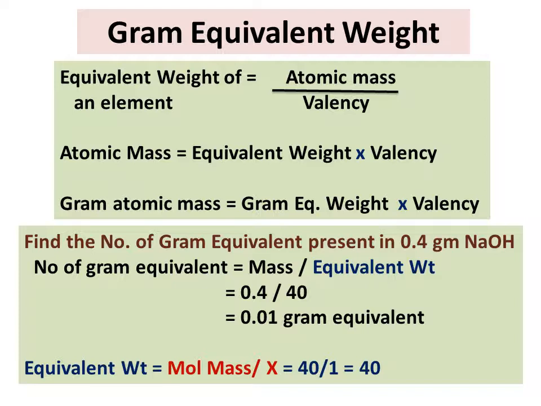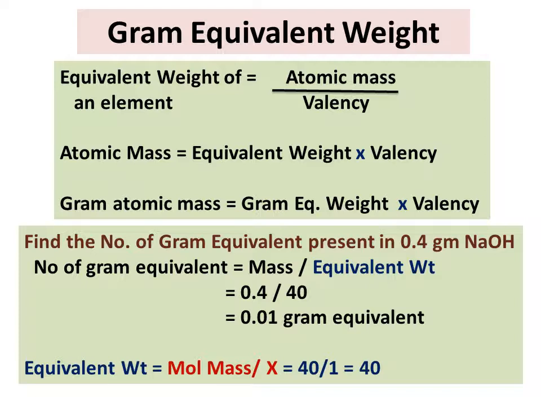Mass of NaOH here is 0.4 grams. If I know the equivalent weight of sodium hydroxide, our problem will be solved. So what is the equivalent weight of sodium hydroxide? Although we have already discussed this, let us find it here.